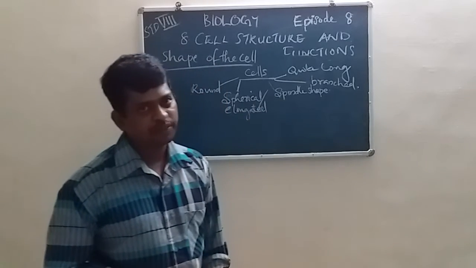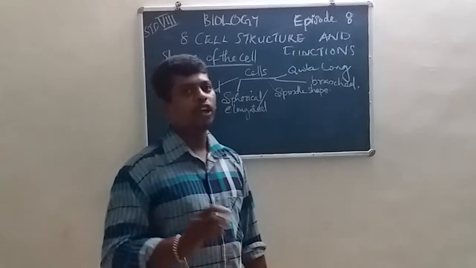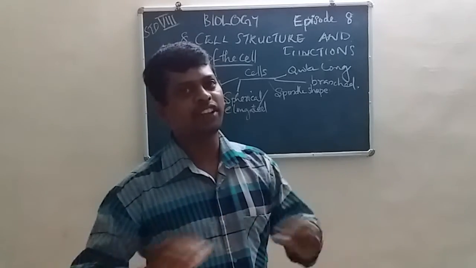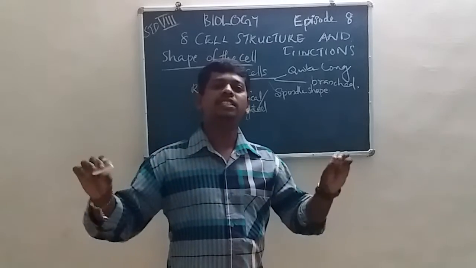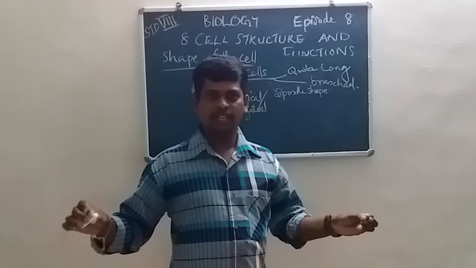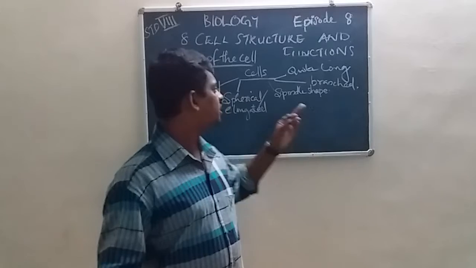Spindle shape means both ends are pointed. In elongated cells, when the ends are sharply pointed, that is known as the spindle shape.